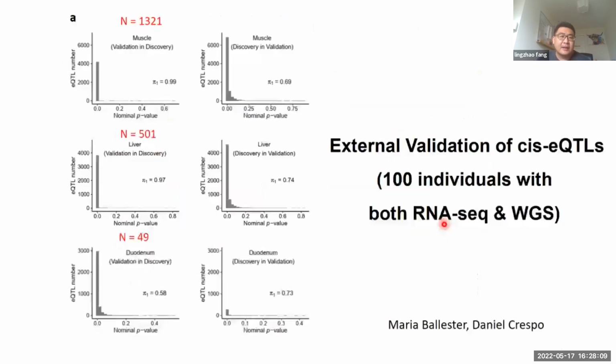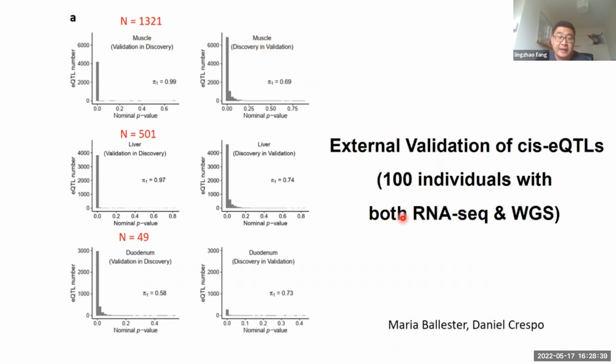And then we also looked at external validation for another 3 tissues, including muscle, liver, and intestine. In general, we got the same thing. The left column is the discovery population. For muscle, we have over 1,000 individuals compared to 100 individuals in the validation population.